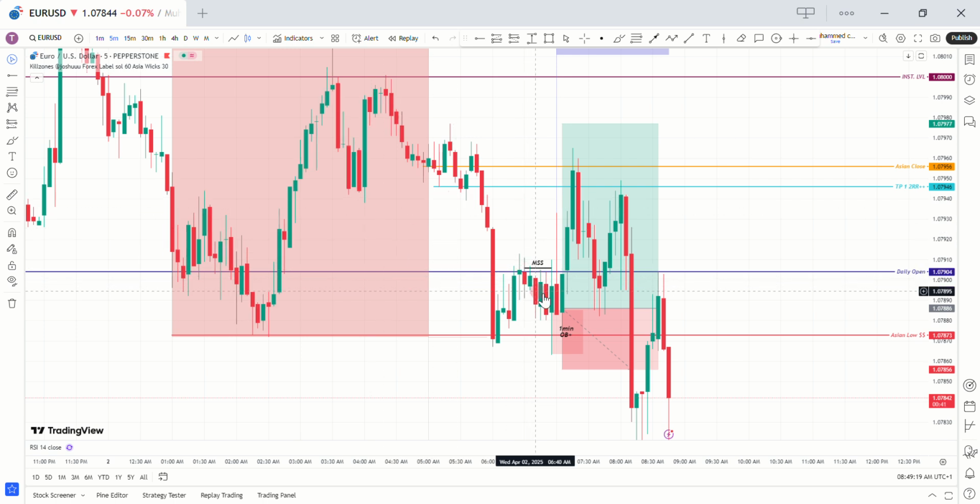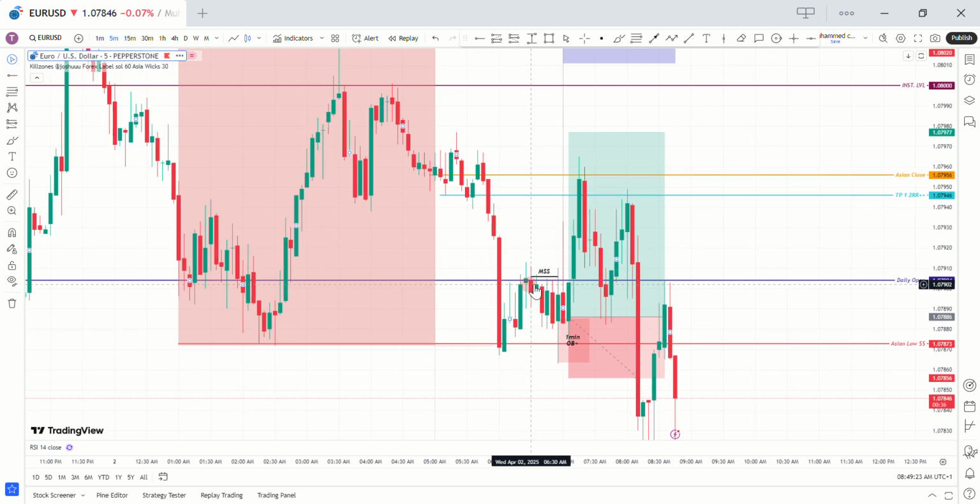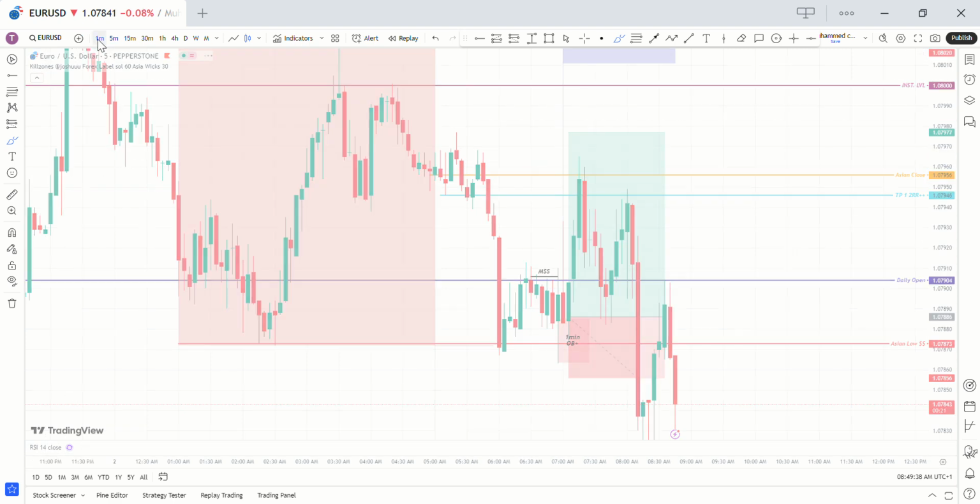As London session opened, price just expanded to the upside. I'll still keep repeating it: consolidation leads to expansion. So price expanded to the upside, then I switched to my 1 minute time frame.